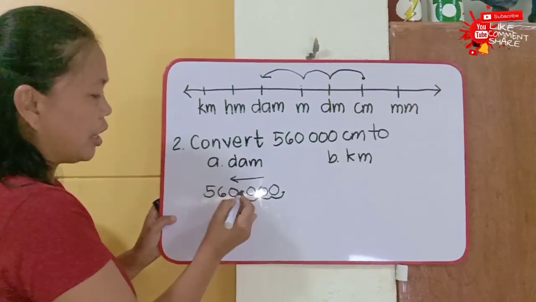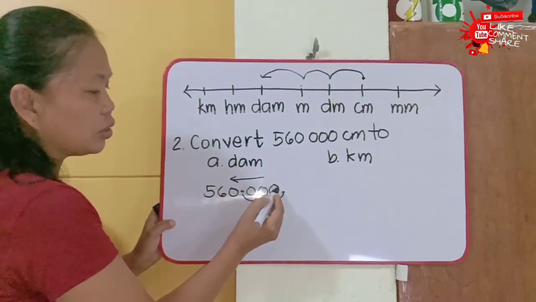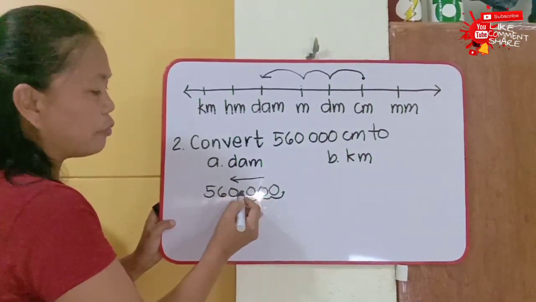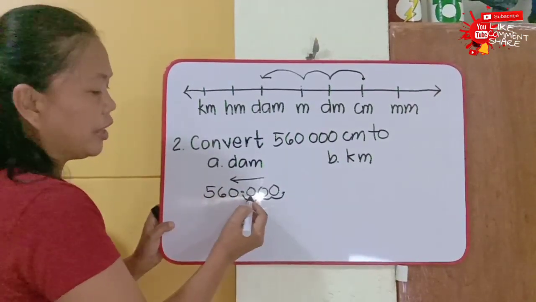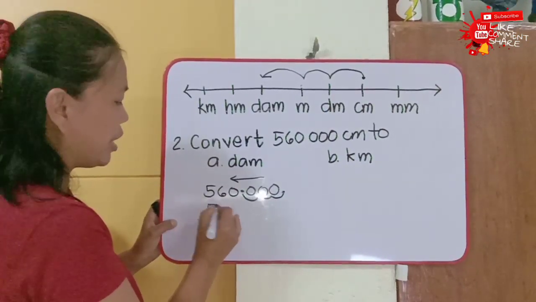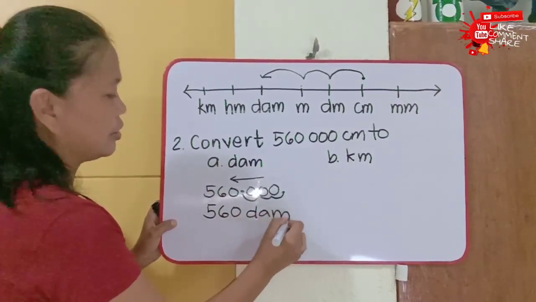There is no need to write the 3 zeros in front of the decimal point, because this will serve as the whole number and these are insignificant digits. So the answer will be 560 decameters.